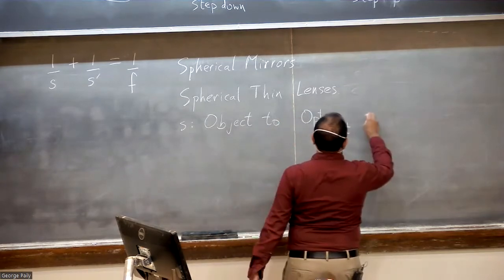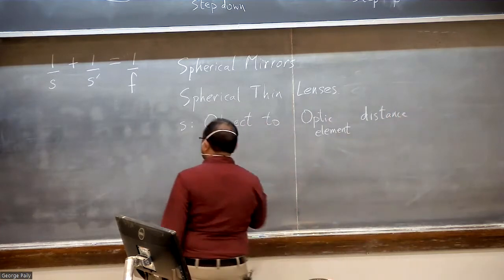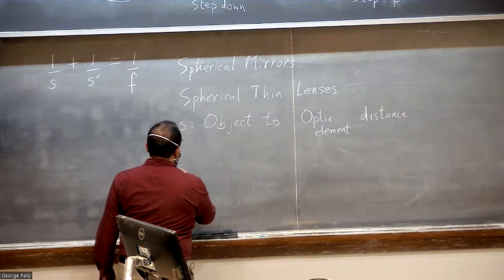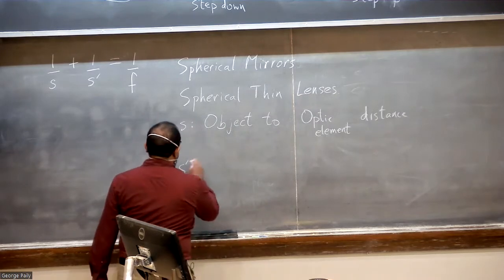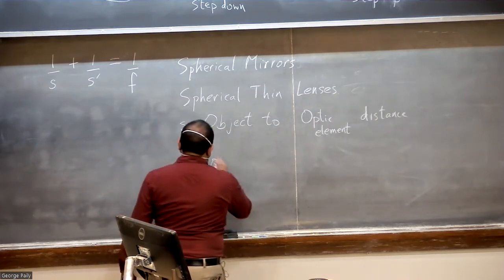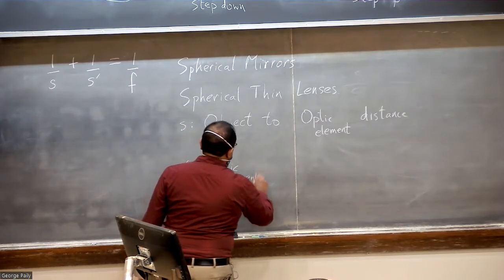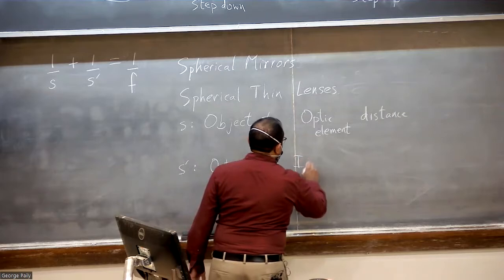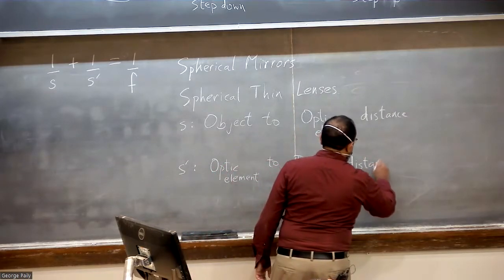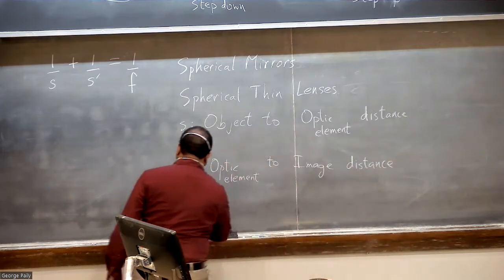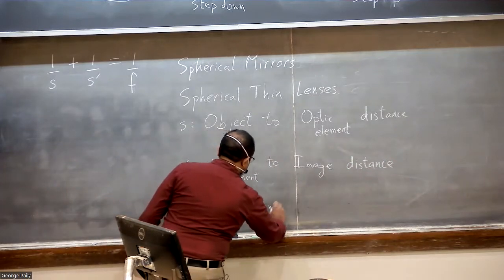Okay, object to optic element distance. Actually, you know what? Surface would be fine. S prime is optic element to image distance. F is the focal length of the optic element.